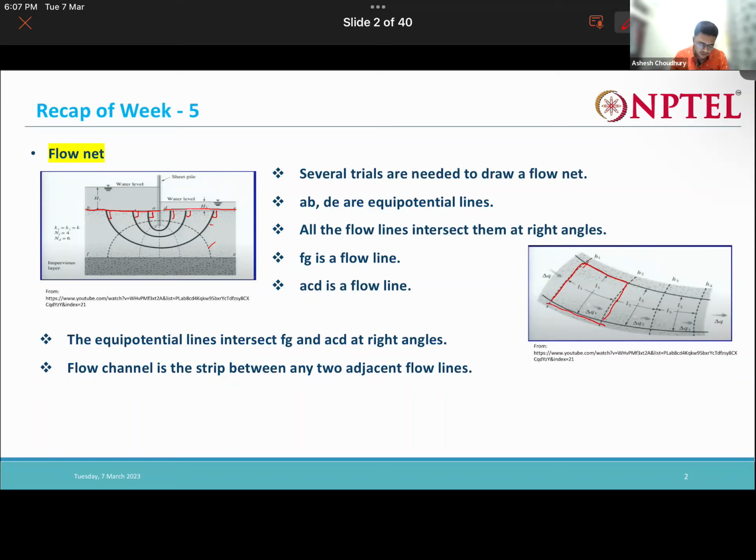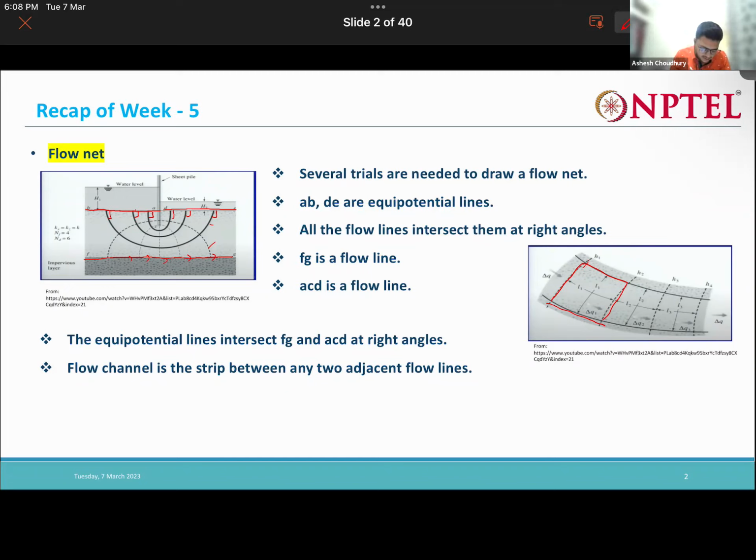FG is a flow line because flow can occur along this path. Below it there is an impermeable stratum, so there cannot be any flow in that part, but along the top of that impermeable layer there can be some flow. So FG is a flow line.